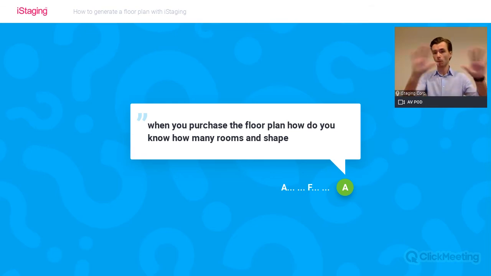Then you go into the editor and build your virtual tour. You ultimately have that URL link, which is your final result, and you submit that URL to us. When you purchase, there's a little box that enables you to enter that link, copy that link, and then we can look at your virtual tour and automatically create the floor plan for you based on that.